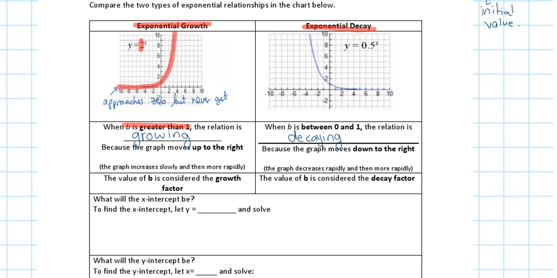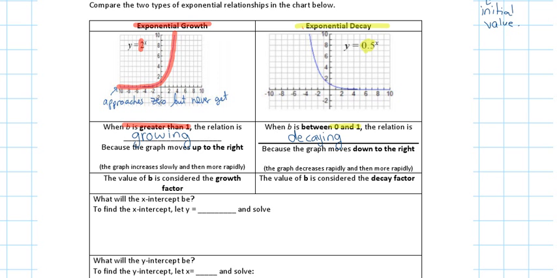Now if I look at the exponential decay, for example, the base is 0.5. 0.5 is a number between 0 and 1, yes? So 0.1, 0.2, 0.3, 0.25, all these numbers that start with a 0 point are values between 0 and 1.